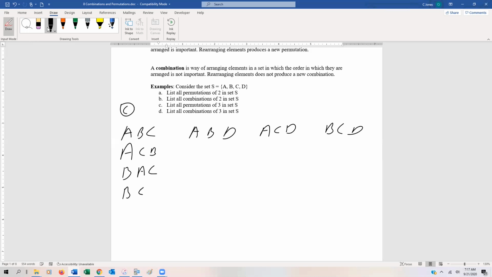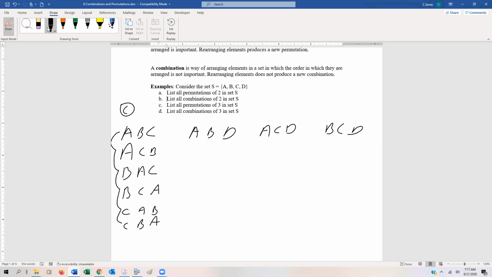We have BCA, and then CAB, and then CBA. All right, so notice that all we did was flip around all the different possible permutations of this. All right, so notice all the orders are different.